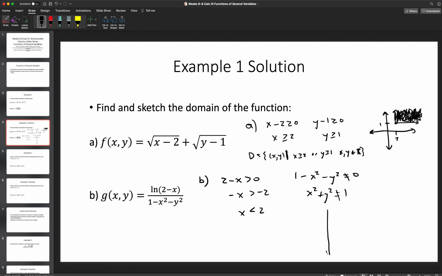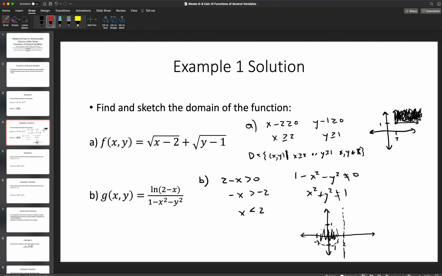To sketch that, we draw a dashed line because we're not including 2, and we have a dashed circle of radius 1. I'll try to draw the best I can, that we must exclude.